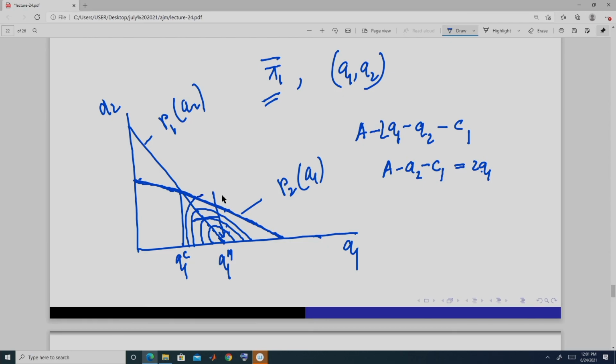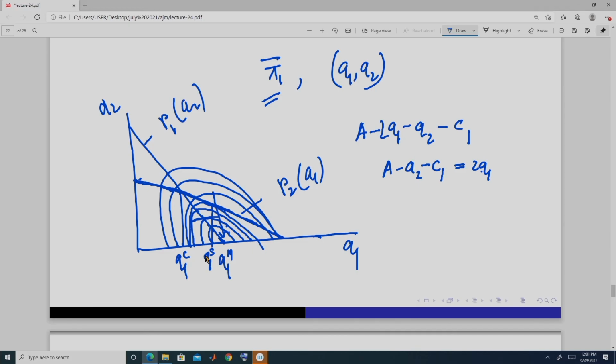So, we will have this kind of isoprofit curve, and we will choose the one which is going to give me the maximum. Now, from here it has to be some tangent like this. Suppose this is going to be the Stackelberg output.